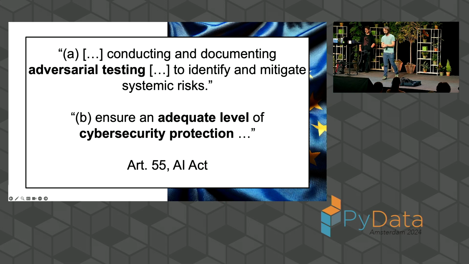And what's really interesting, you have to ensure an adequate level of cybersecurity protection reflecting the state of the art, whatever the state of the art might be. And in my personal opinion, this means that you have to at least put a guardrail into action for your production LLM. So, the Wild West times are over.